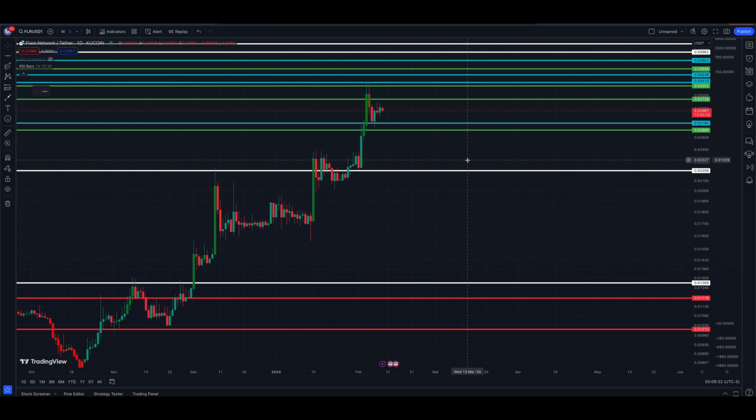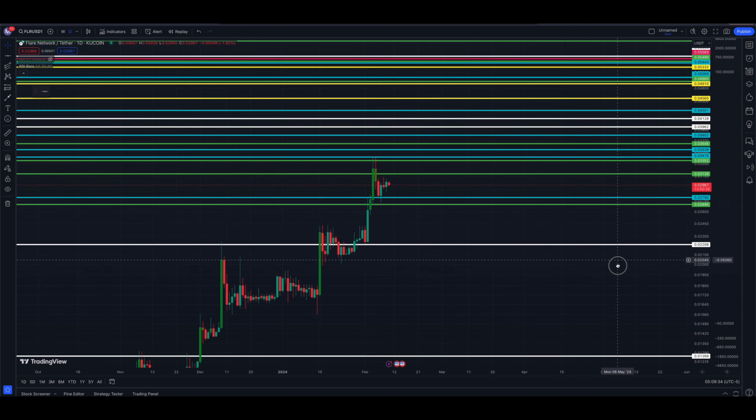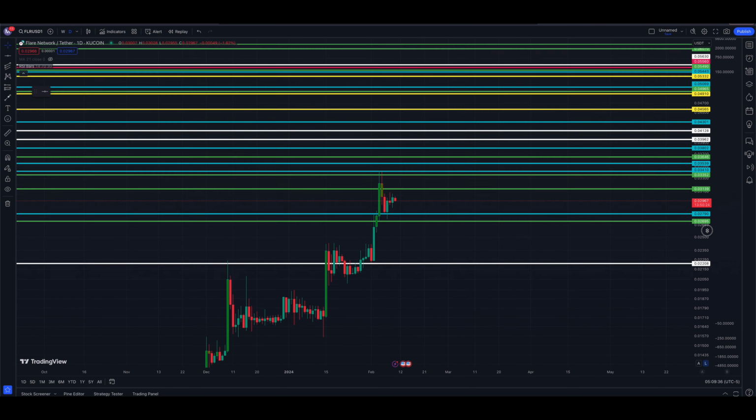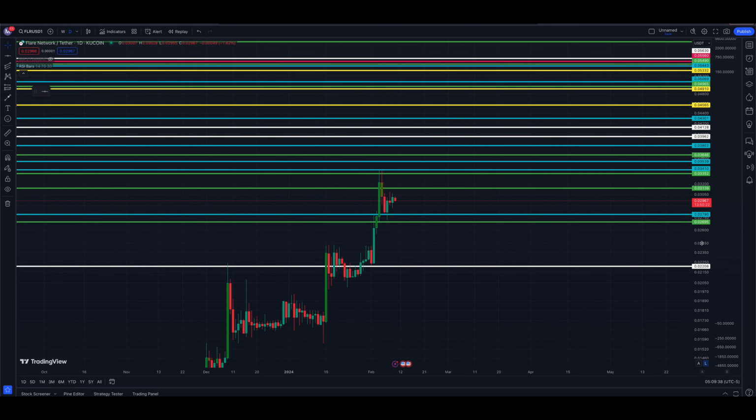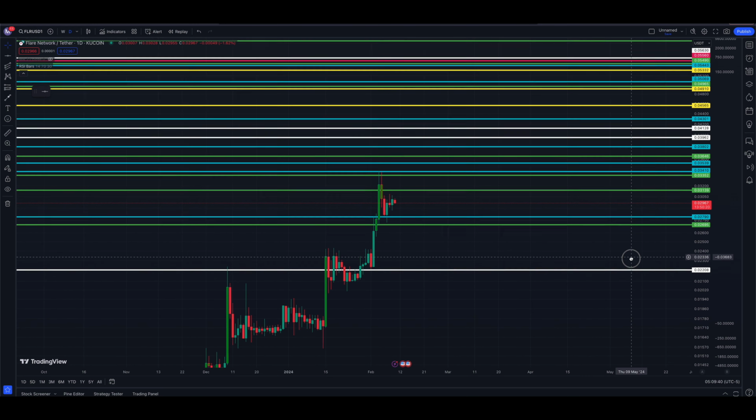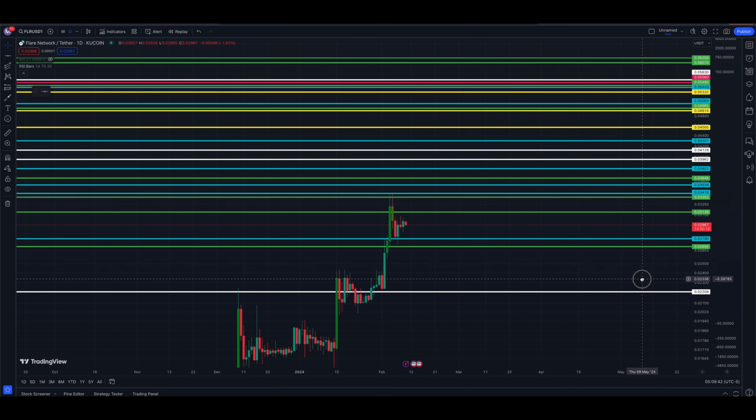So where we're at now, we have a bunch of lines around the market. If you want to see what price is most likely to do, take a screenshot of this. This is, once again, the Flare/Tether chart daily. KuCoin is the data here. If you take a screenshot of this, you'll see all the prices I have on the right, so you can have an idea of what price is likely to do at these levels.